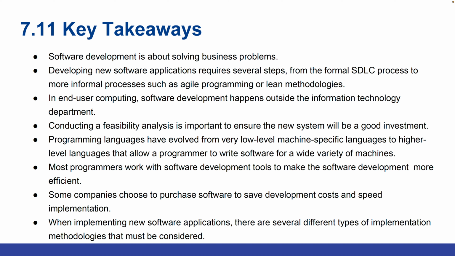Programming languages evolved from low-level machine-specific languages to higher-level languages that allow a programmer to write software for a wide variety of machines. They are a lot more flexible. Earlier, the programming languages were hardware and operating system specific. Now we have a lot more flexibility on those.